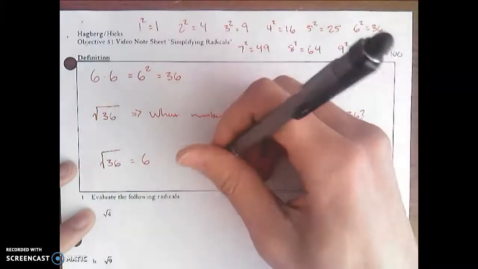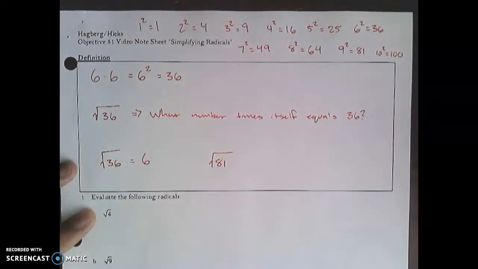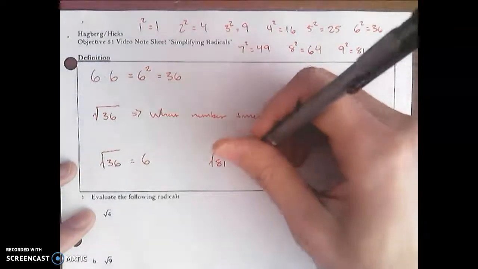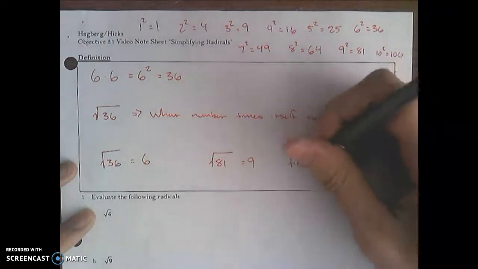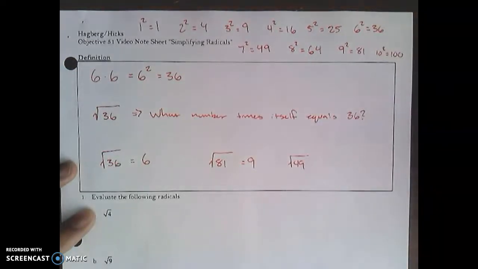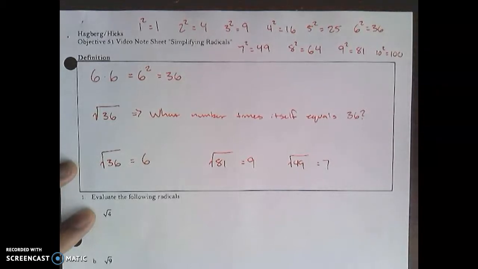I can ask you, what is the square root of 81? So what number times itself equals 81? That would be 9. Likewise, what number times itself is 49? That number is 7. So the square root of 36 is 6, the square root of 81 is 9, and the square root of 49 is 7.